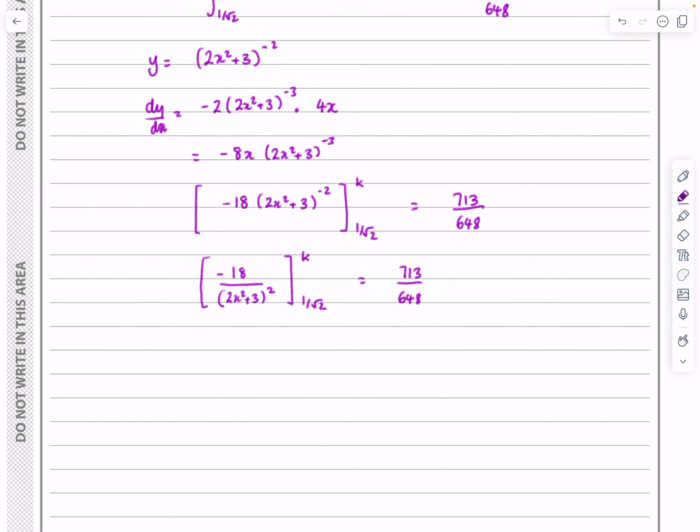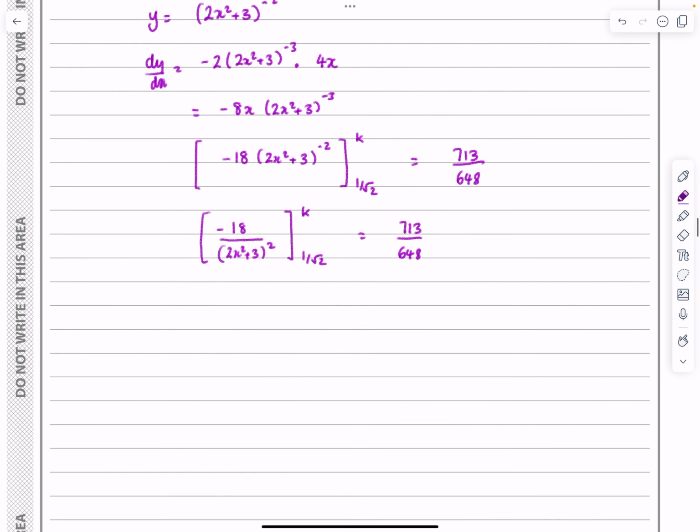And I say, I'm just going to play around with this to now get my final answer here. If I put k in, I'll get minus 18 over (2k squared plus 3) squared minus, now putting 1 over root 2 in, so minus 18 over ((1 over root 2) squared plus 3) squared, lots of brackets in here, is equal to 713 over 648.